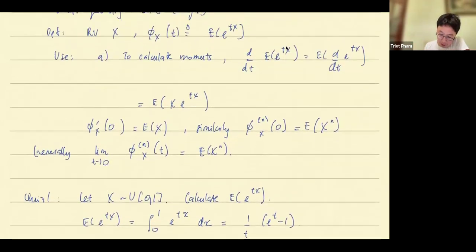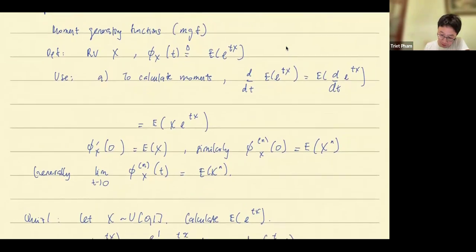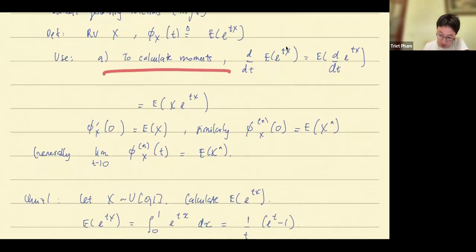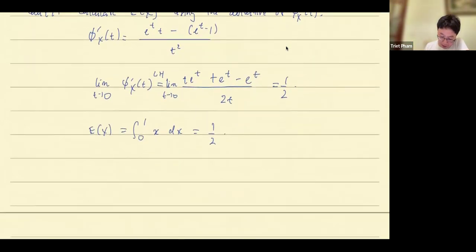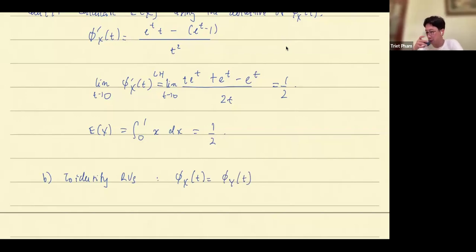So the second use of the moment-generating function, and that is a much more important role, is to identify random variables. Basically, you can recap like this. If you have two random variables who have the same moment-generating functions, then they must be the same random variable.